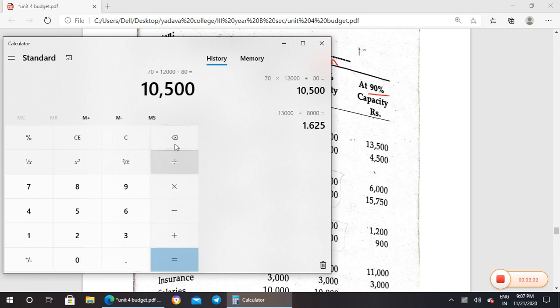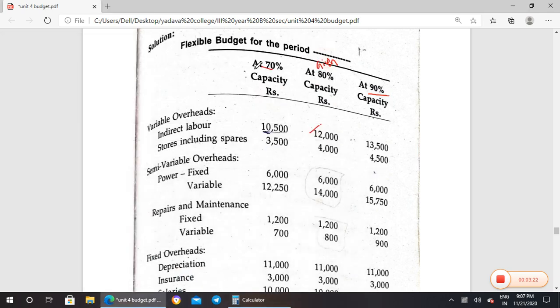Again I'll repeat it. We have to find the indirect labor at 70%. So 70% into the given amount of 12,000, divided by the given percentage, 80. So we'll get 10,500 as the answer. That can be entered here.